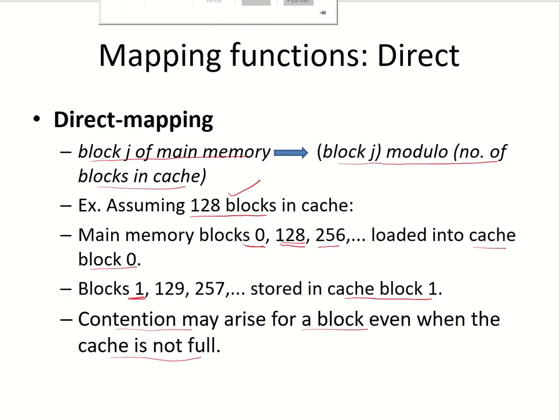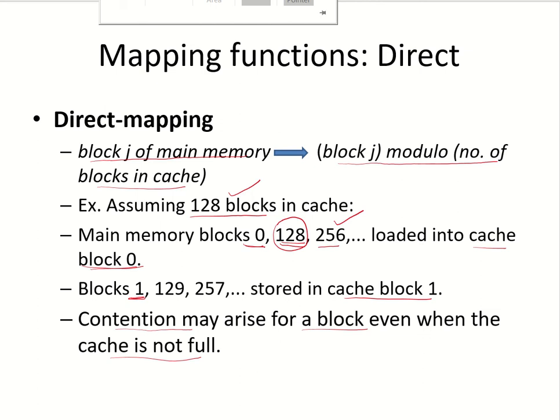So presently, if for example main memory block 128 is present in cache block 0, and now the processor wants to access an address which is in main memory block 256, and 256 will also map to cache block 0.